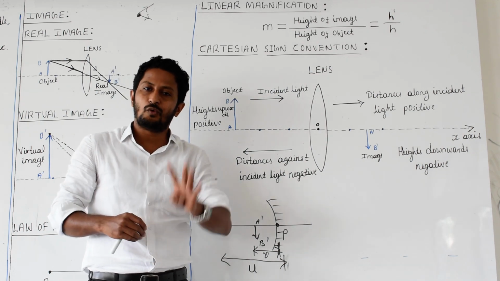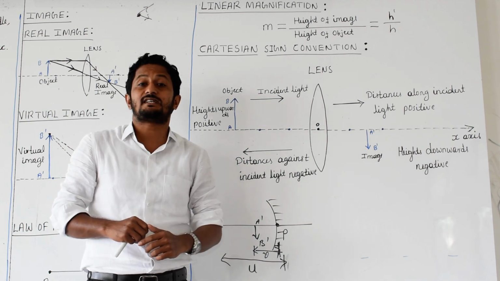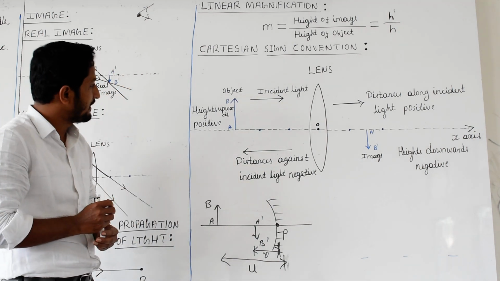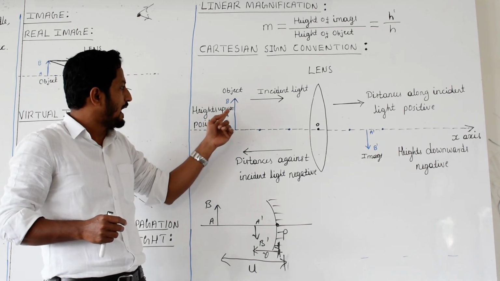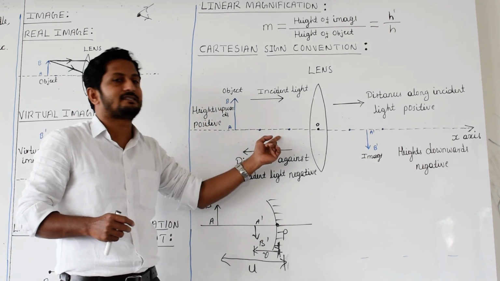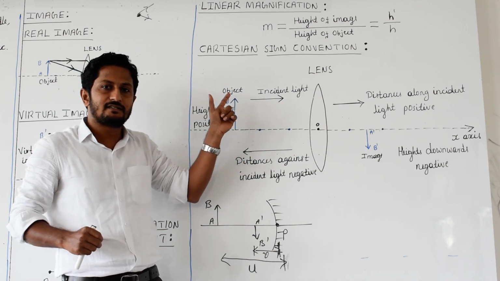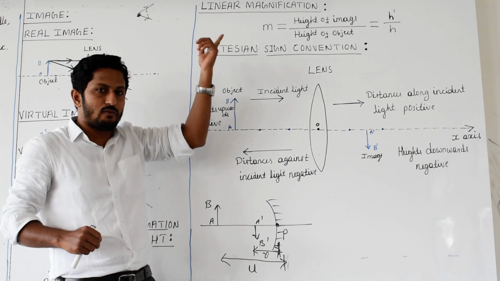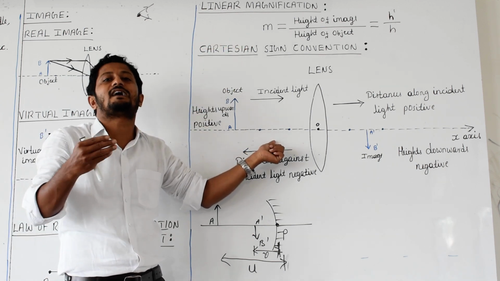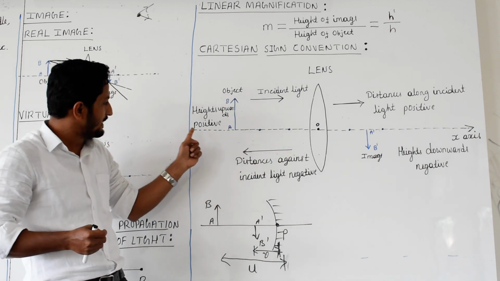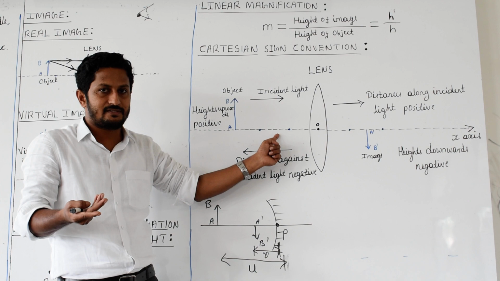Next, the fourth sign convention. What is that? See here. The heights measured vertically upward with respect to the principal axis are taken as positive. It means what? I said this dotted line is the principal axis.